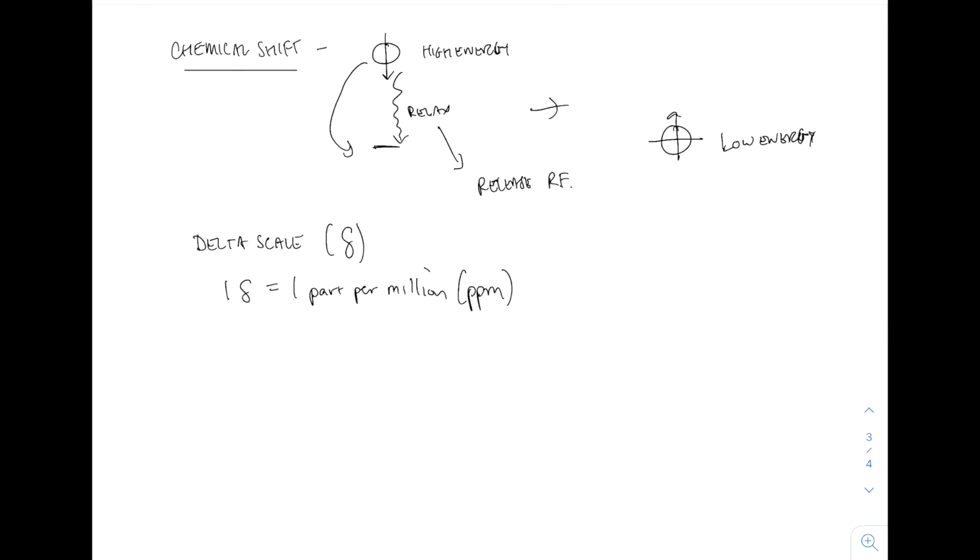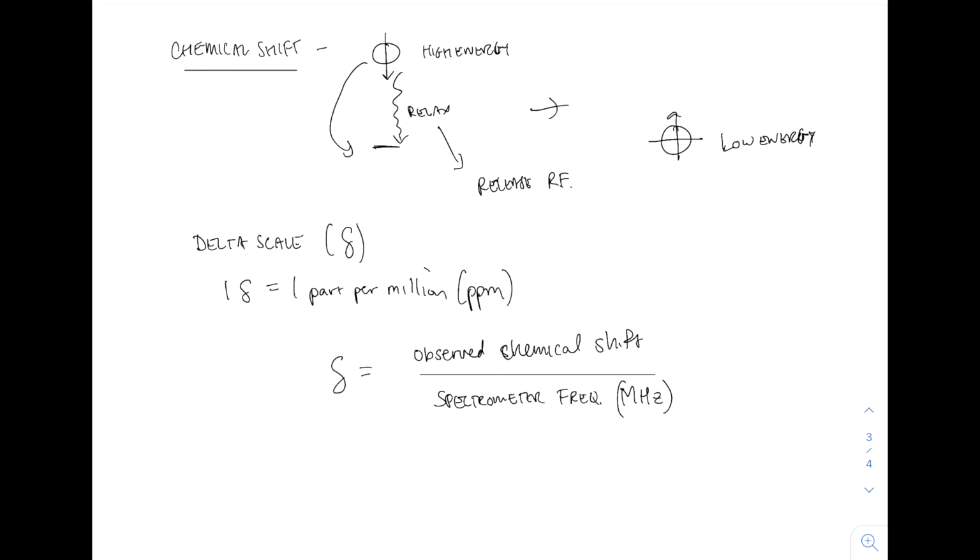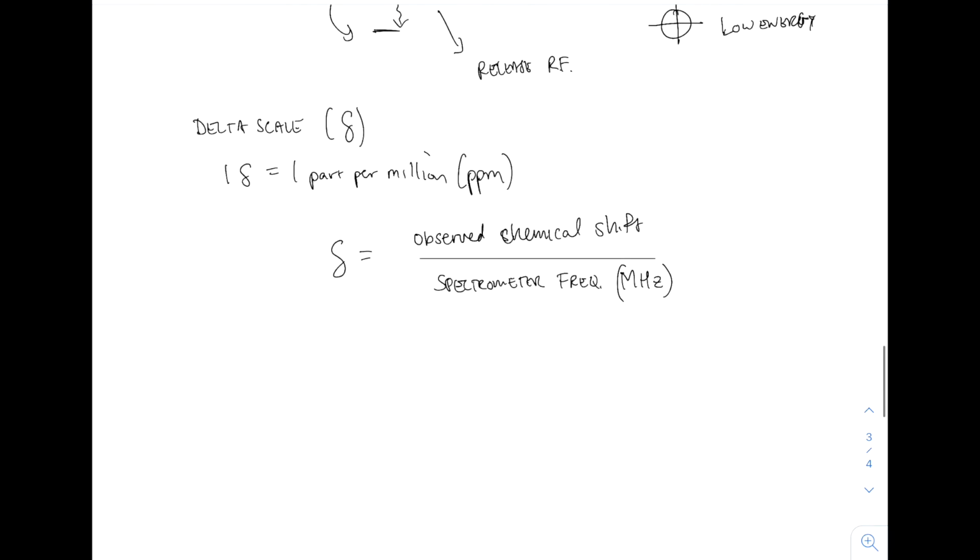That's because if we were working with hertz, then those numbers would be really large. But since we've converted to the delta scale, which is the observed chemical shift divided by the spectrometer frequency in megahertz, then we get a much nicer scale, again ranging from 0 to 14 or 14 to 0.